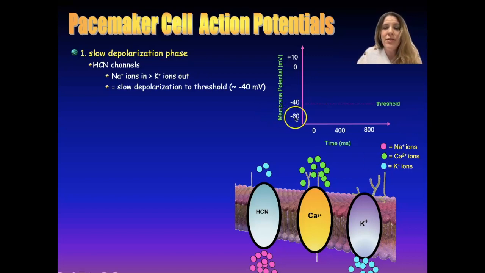So once -60 is reached, the conformational change happens in that protein. It opens, and that allows that exchange of cations, overall making inside the cell more positive. And so the graph will start off looking like this. So you can see how we go from -60 slowly on up, depolarizing to a less negative or a more positive voltage, which is -40 millivolts. Okay, so that's step one, slow depolarization phase.